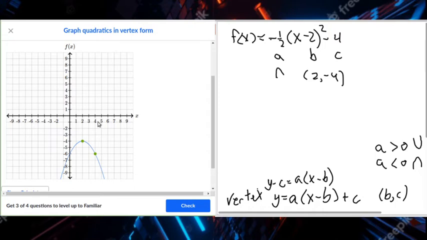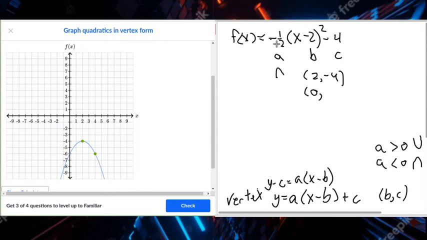Now, since we're opening down, we can't find the zeros here. So probably the easiest thing to do is choose another value. And you can see this is half. So I'm going to go over by 2 maybe. So I'm going to choose x is 0. So 0 minus 2 is -2 squared is 4.